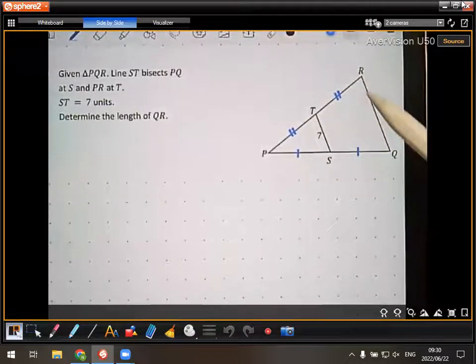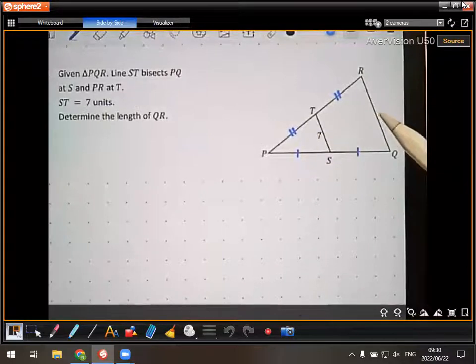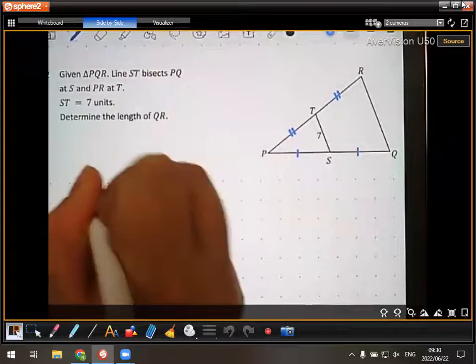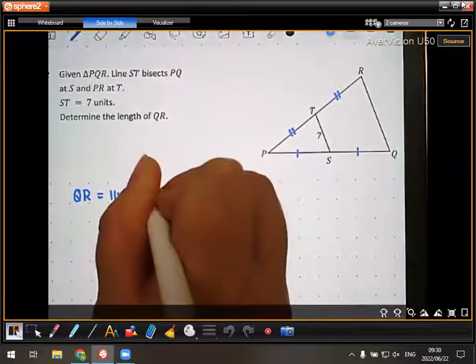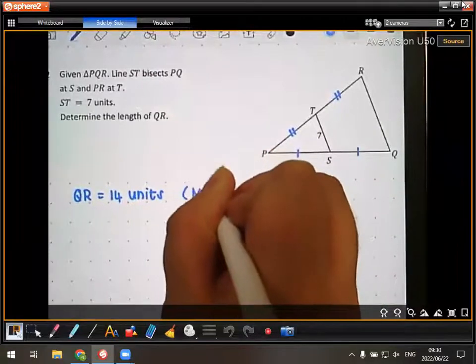That's the second part of the midpoint theorem. So if ST is 7, what is QR going to have to be? 14, right? So you can literally just write QR is equal to 14 units. Midpoint theorem.